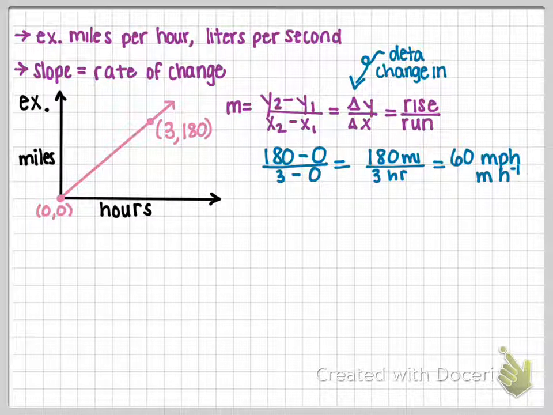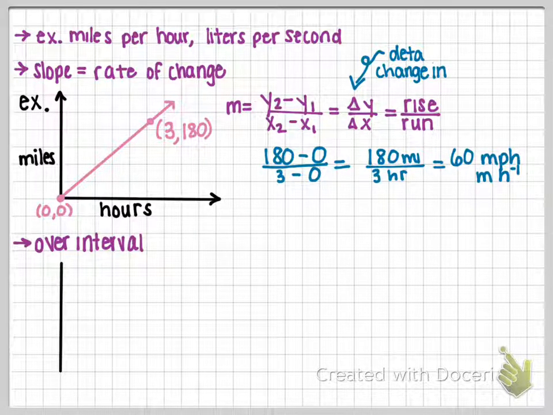So what happens if we are not given a linear function? How are we supposed to find the rate of change? Well, one way to do that is to find the rate of change over an interval. So maybe we have a function that looks like this.